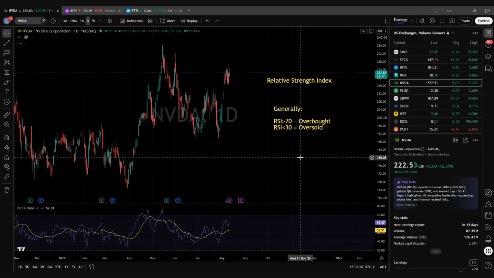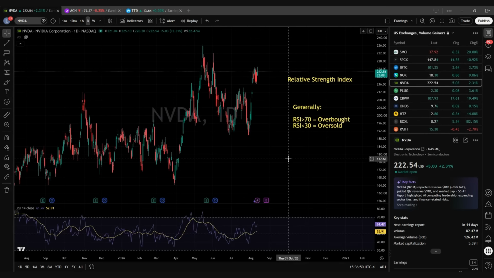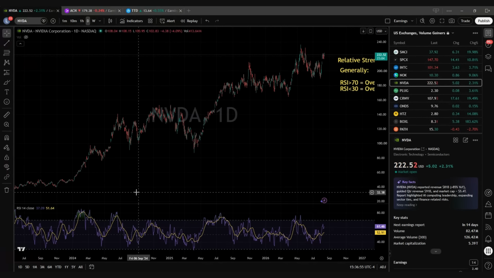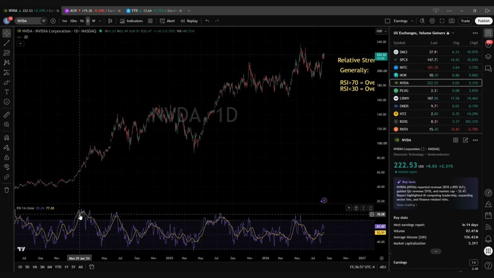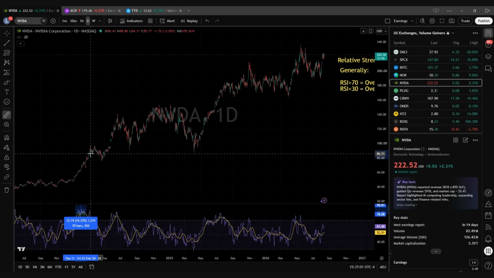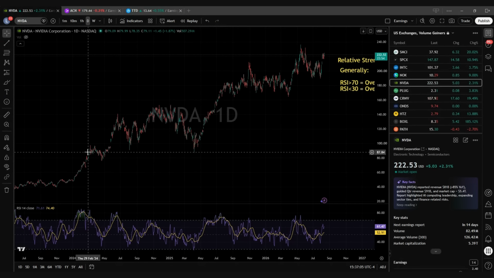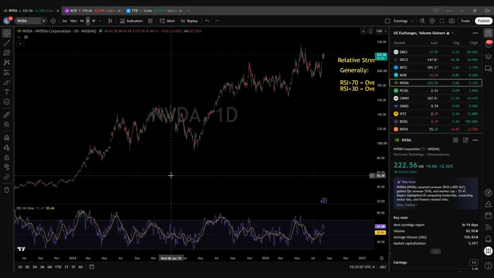But just because a stock is overbought or oversold doesn't necessarily mean that it needs to pull back, because a stock can remain overbought for a while. And looking at Nvidia, look, it was overbought this entire time. You're talking about a time frame starting February 24th, for over a week, it was straight overbought.